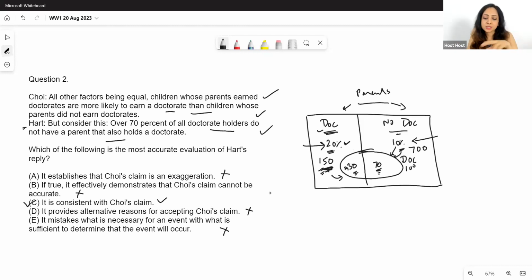Look, when we say the two arguments are consistent, what we mean is that they can appear together, they can exist together. When we say that two things are consistent, it means that they are not conflicting, right? For example, conflicting things are when I say that it is going to rain today and someone else says it's not going to rain today, then that is a conflict.